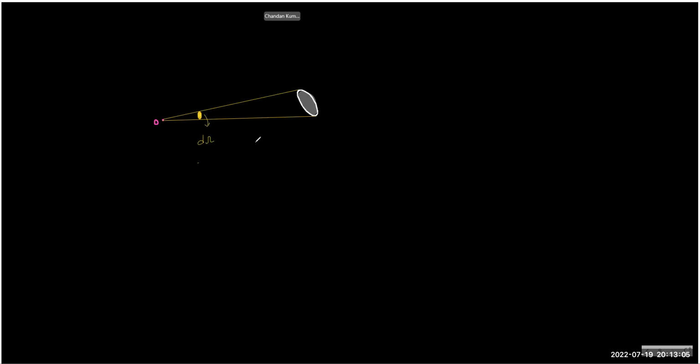But we don't have a formula for a surface which is not like a sphere. So this is a small patch, but it is not part of any sphere. So I cannot have a formula. But this is at a distance r away from the O. So how can we get the answer? Any idea?